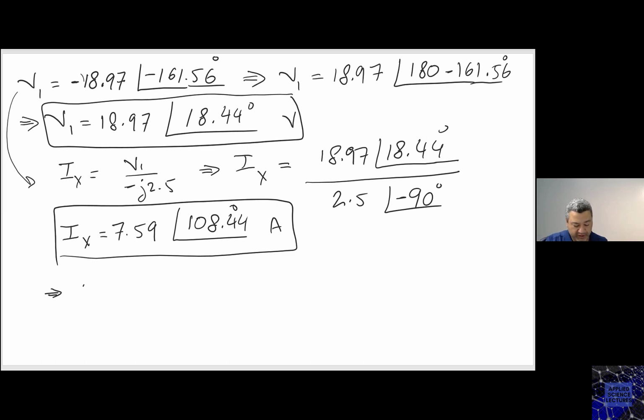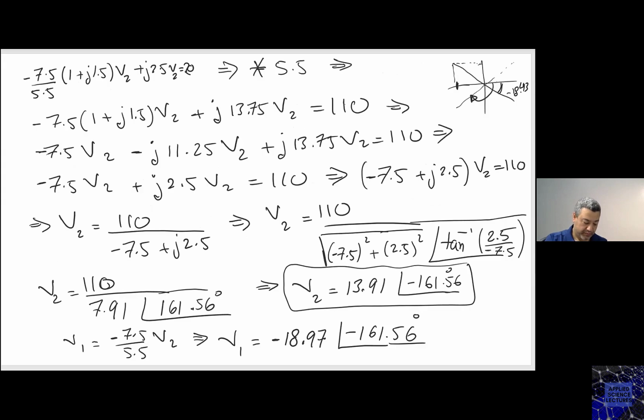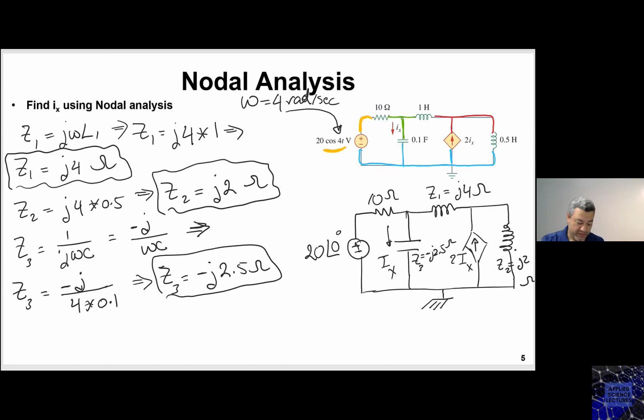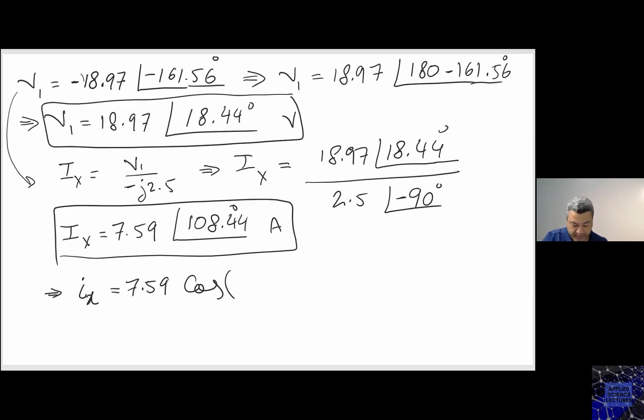So in this case, Ix becomes the magnitude 7.59 cosine, how much was the omega? It was 40. So 7.59 cosine of 40t plus 108.44 degrees, ampere.